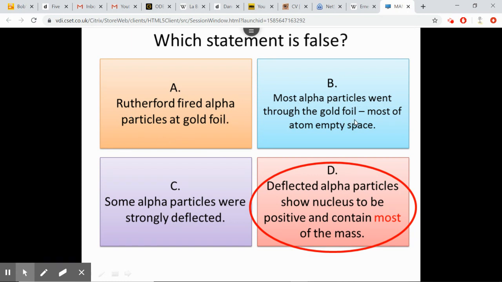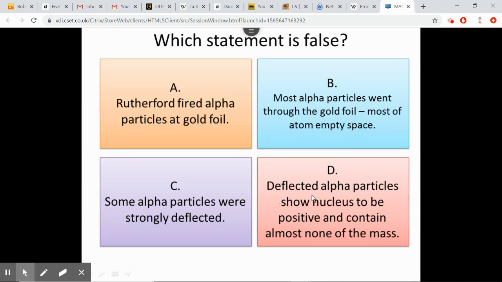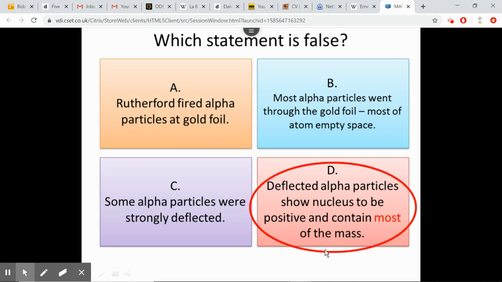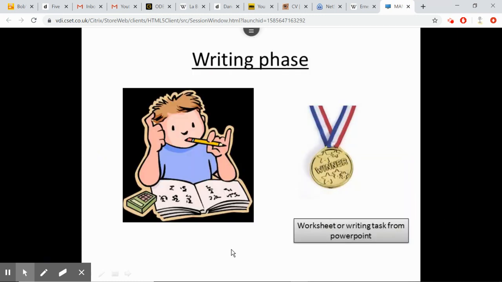Most alpha particles went through the gold foil, which shows that most of the space is empty. C, some alpha particles were strongly deflected, absolutely true. And the fact that the deflected alpha particles show the nucleus to be positive and contain almost none of the mass, not true. It contains most of the mass. So that one is the false one.